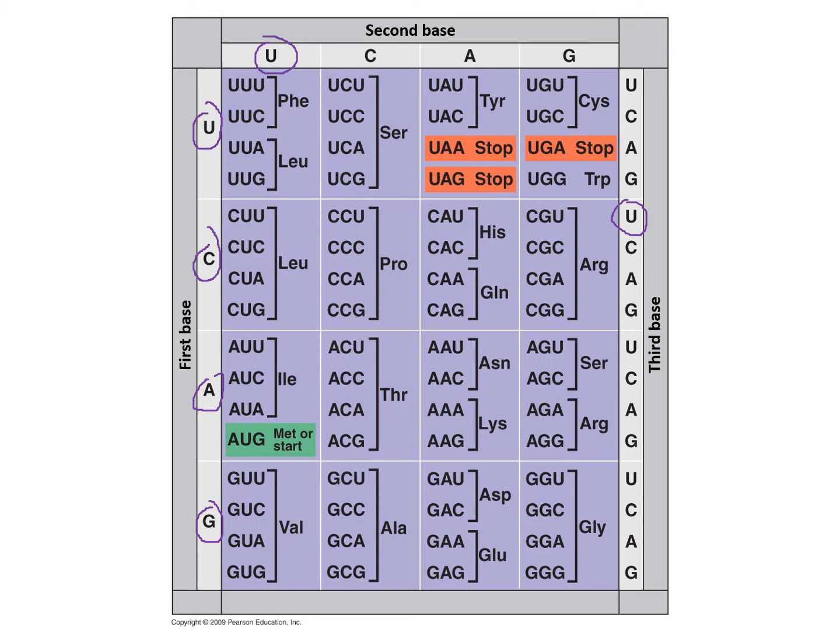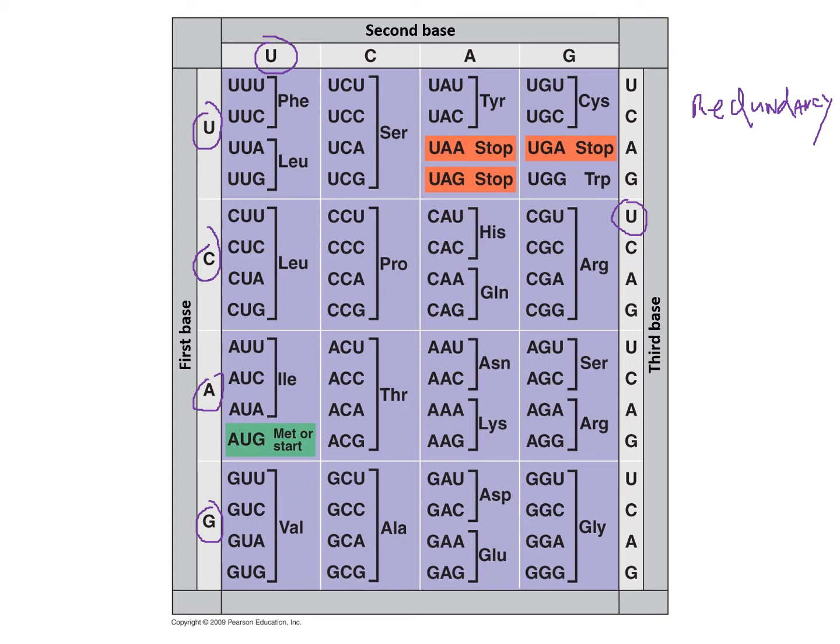There are only 20 amino acids. As you can see on this chart, there are several codons that code for leucine: CUU, CUC, CUA, CUG. And this is important because this gives redundancy to the code. Redundancy means that several codons can code for the same amino acid, but there's never any ambiguity.